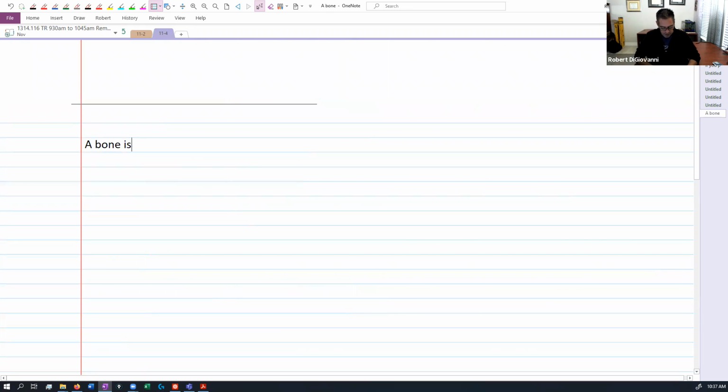A bone is found to have about 0.2% of its carbon-14. How old is the bone?